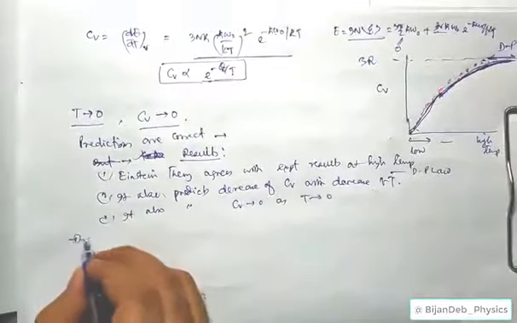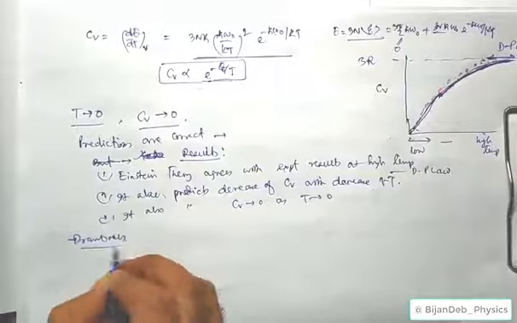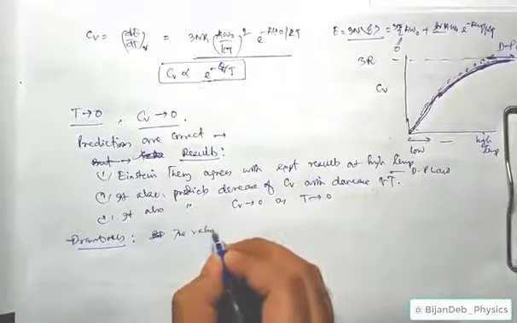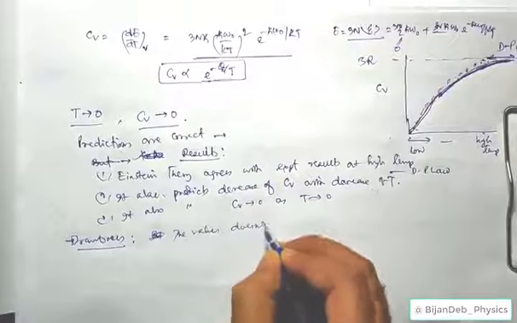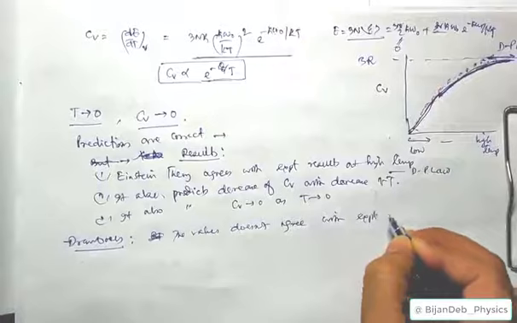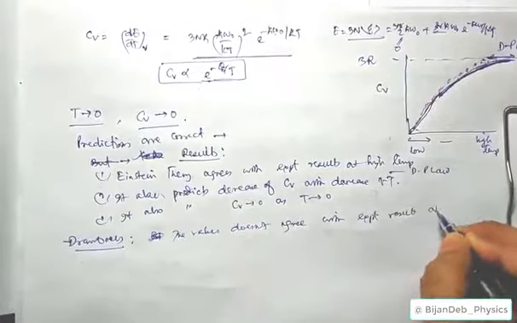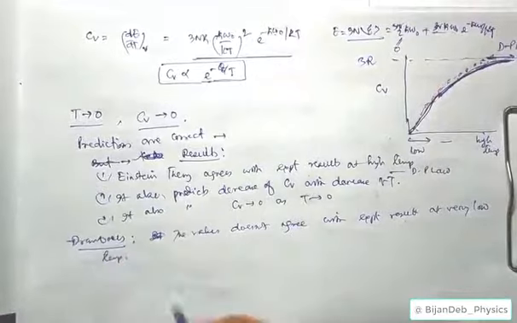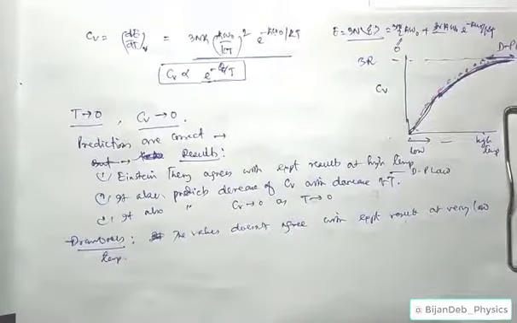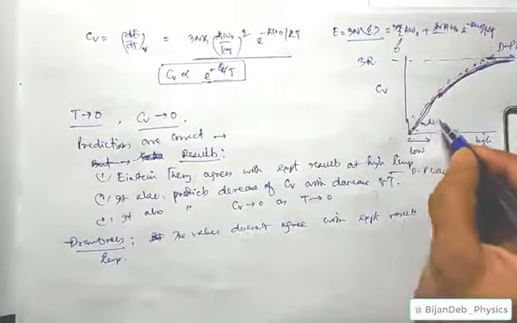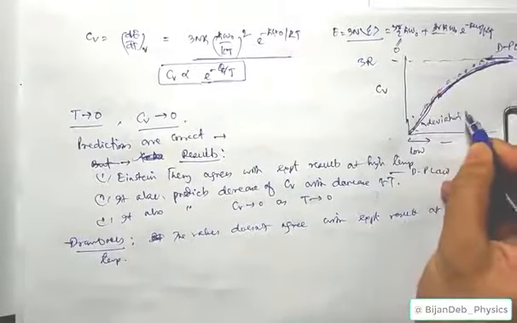But what is the drawback? The drawback is the value does not agree with experimental result at very low temperature. At very low temperature, some kind of deviation occurs.